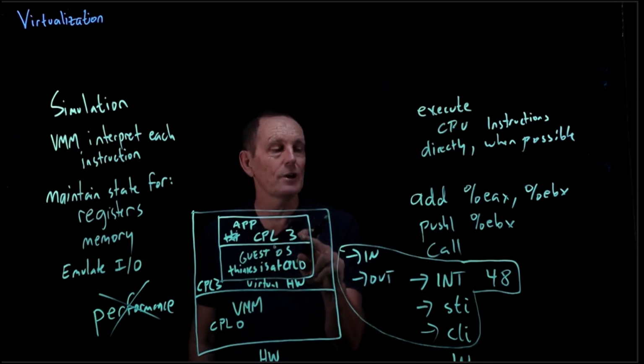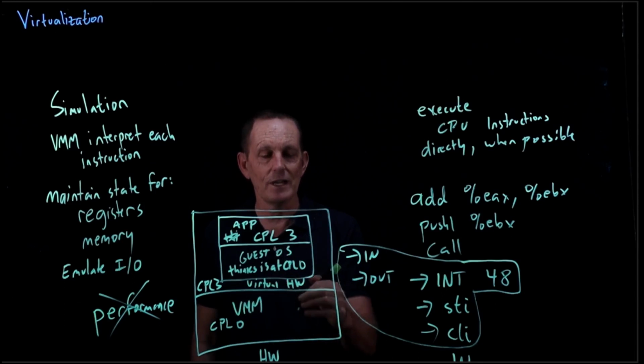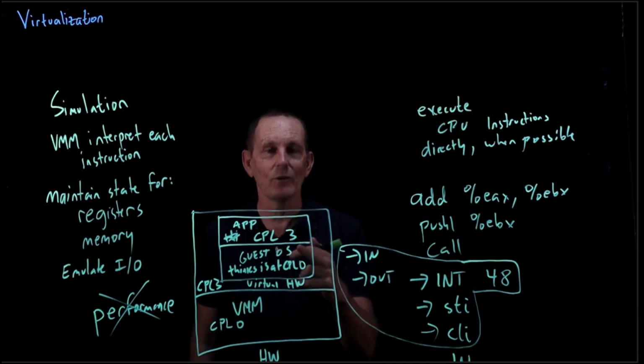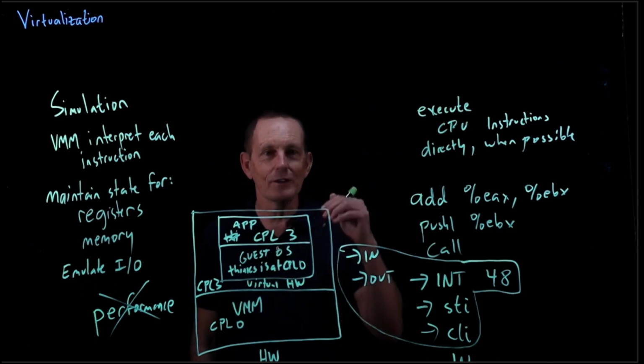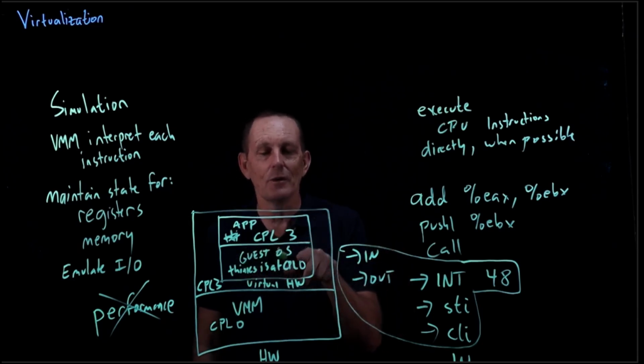That would cause a trap to CPL0, so that would actually go into the VMM. And the VMM would then have to go back in, figure out what the IDT is for the guest OS, figure out where to actually go, and then start executing code back in the guest OS.